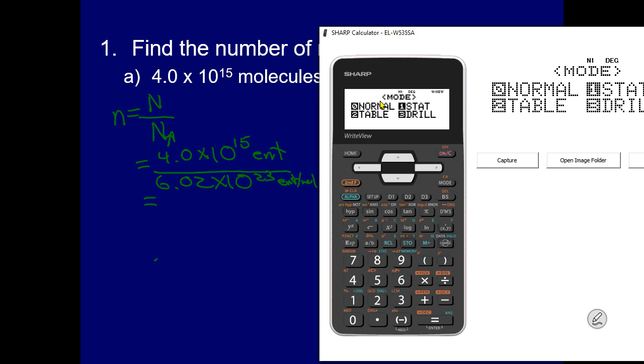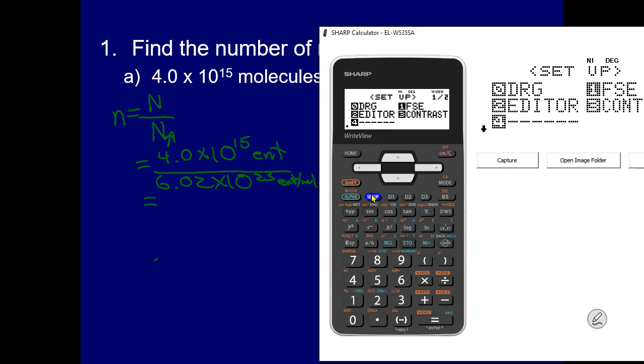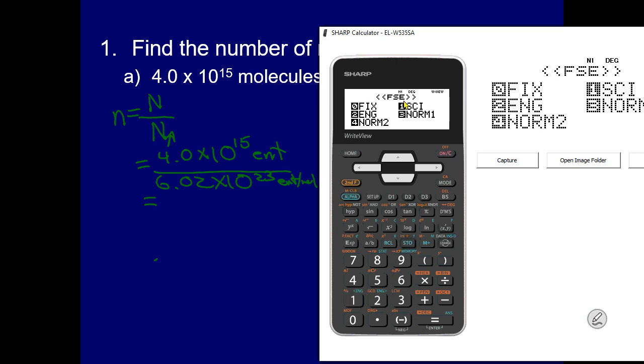Wait a minute. Stat, drill, table, mode, normal. No, this one isn't going to be under mode. Let's go home. Let's go setup. There it is. FSE. So FSE under setup, click 1, will tell me how to change this to scientific notation.